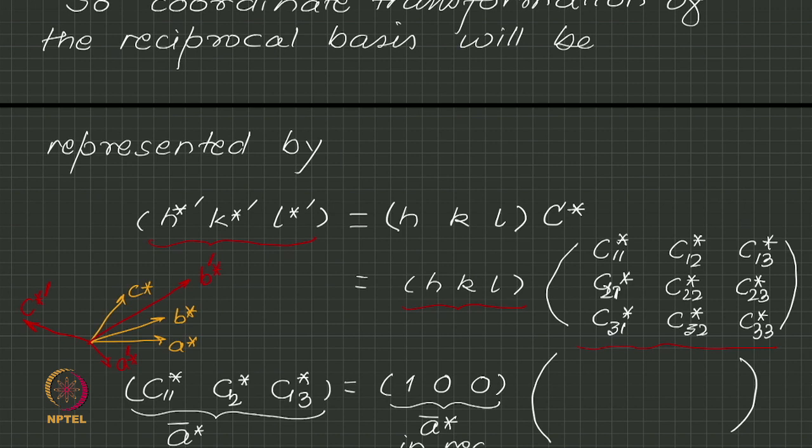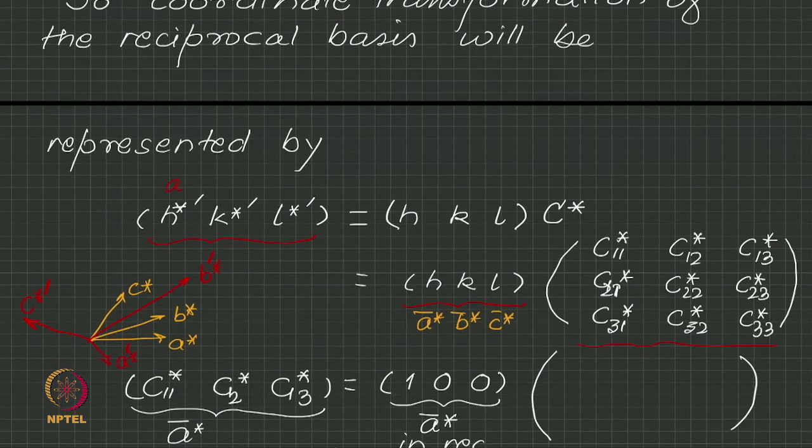So, HKL is with respect to this yellow basis. HKL is with respect to A star, B star, C star. H star, K star, L star is with respect to the new basis, A star prime, B star prime and C star prime, which means the same vector.